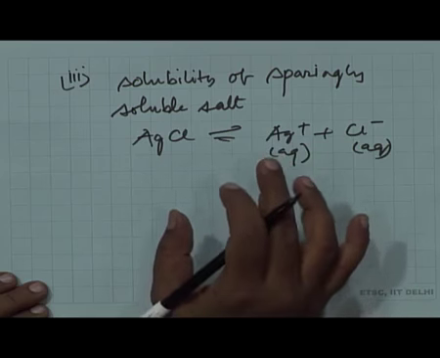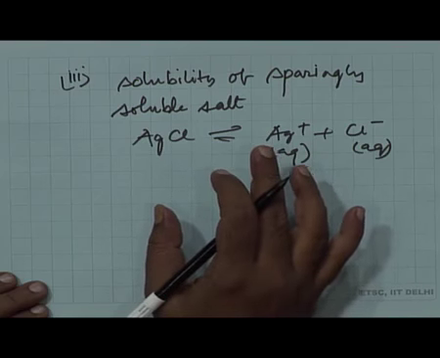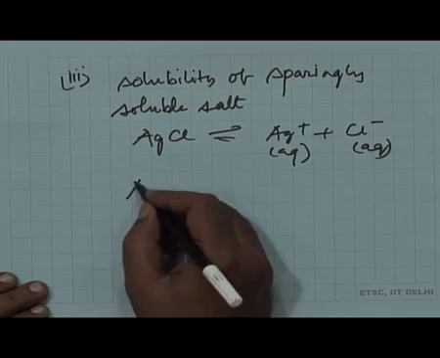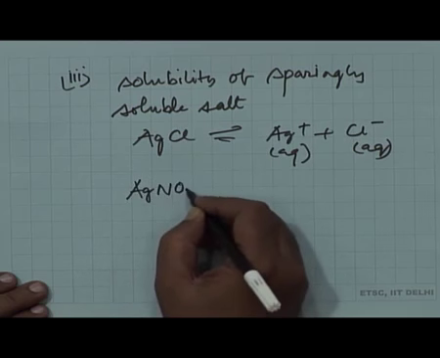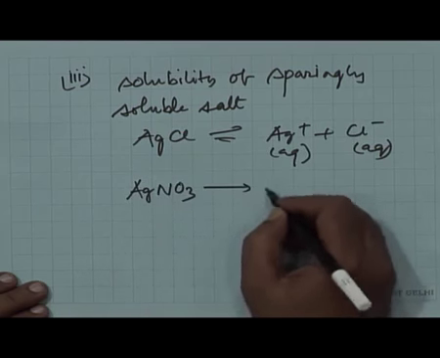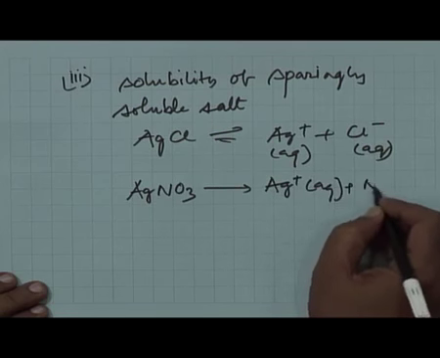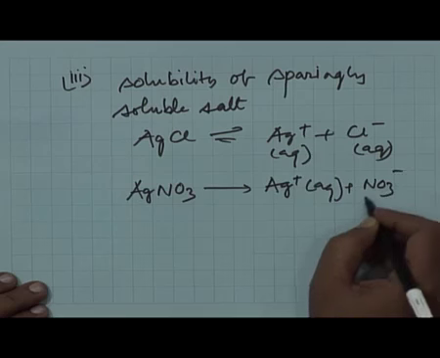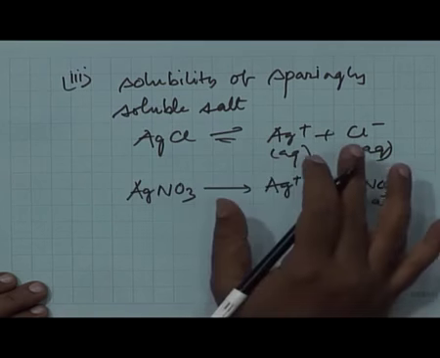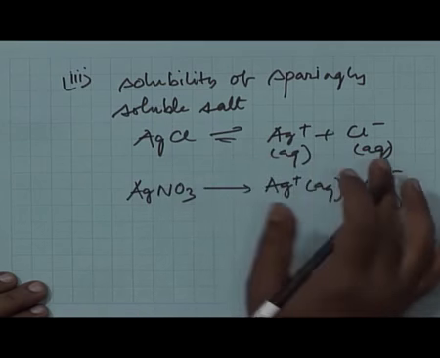If we take for example AgNO3, then it is not reversible, because this is a soluble salt, and this will give you Ag plus aqueous plus NO3 minus aqueous. It is soluble, it completely dissociates.